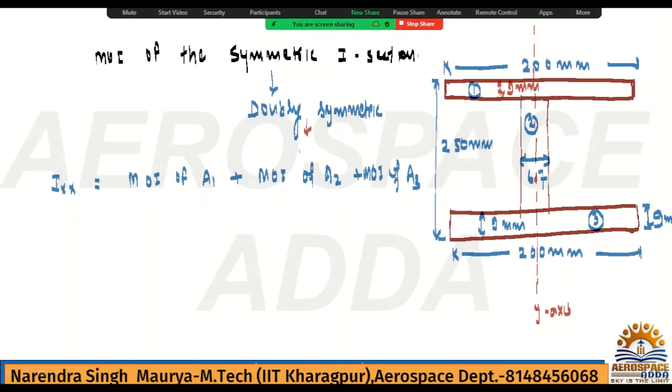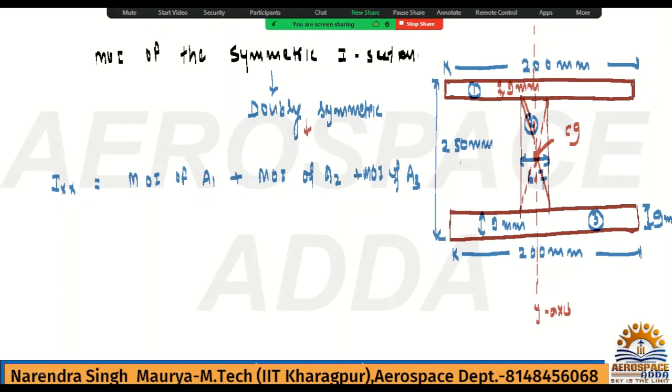You have to say its centroid will coincide with the centroid of rectangle A2, because this is the rectangle A2. So what is the centroid of this rectangle A2? This is the centroid of the rectangle A2, somewhere here. So this will be the CG for the whole section.